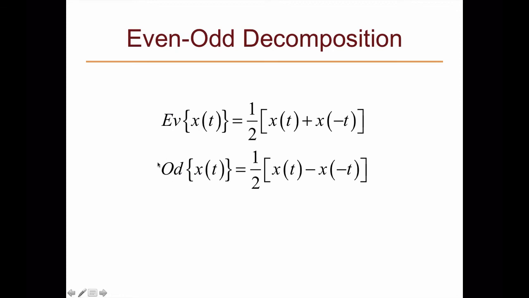You can calculate the odd version of the signal by subtracting the flipped version of the signal from the original signal and then dividing by 2. You get an anti-symmetric signal, an odd version of the signal. This concept will be mentioned again when you learn about Fourier series, because it is a very essential idea in that sense.